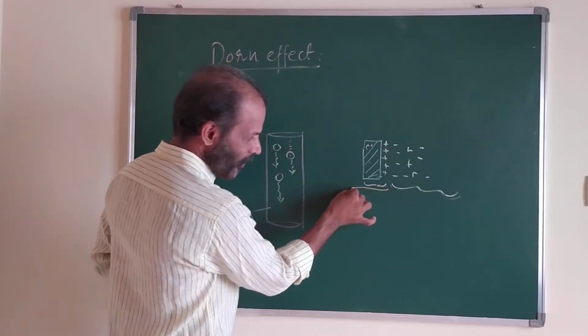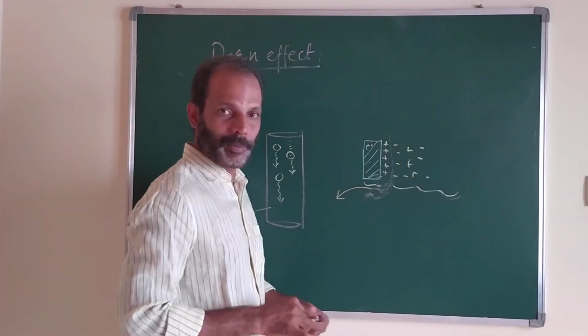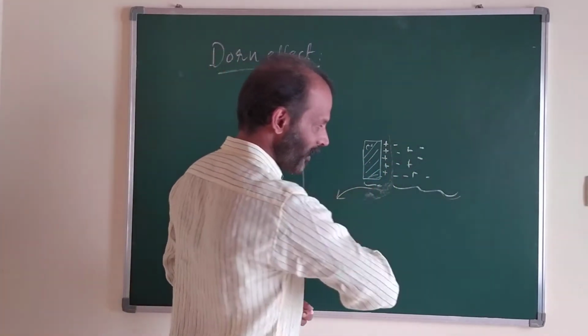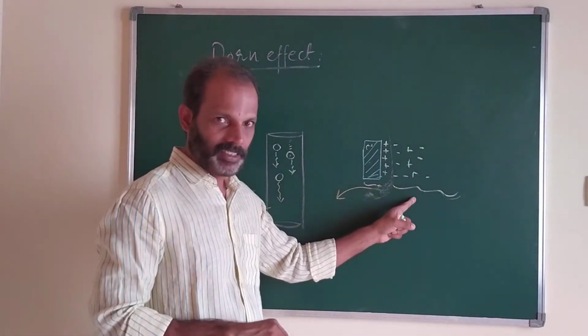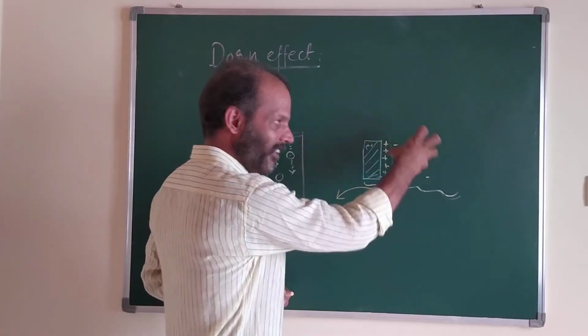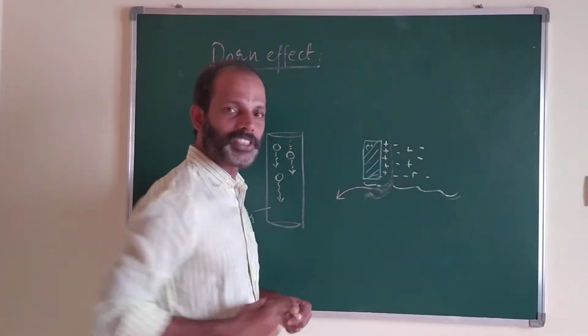Suppose this part is removed, the whole part is removed. What happened? The diffuse layer remains in its position, right? Some of the charges in the diffuse layer will remain in the original position.